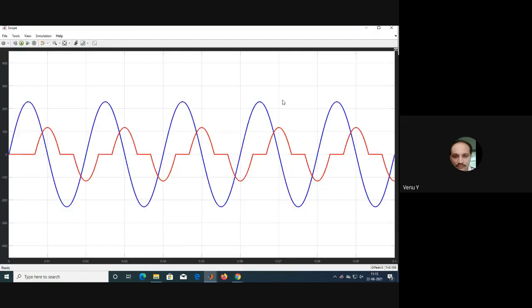Now you will get the blue color as the voltage waveform, and red color as the current waveform of TCR, which is the same as that of the FC-TCR type. Wherever the TCR block is there, that current is controlled, delay angle controlled. So this is the waveform.